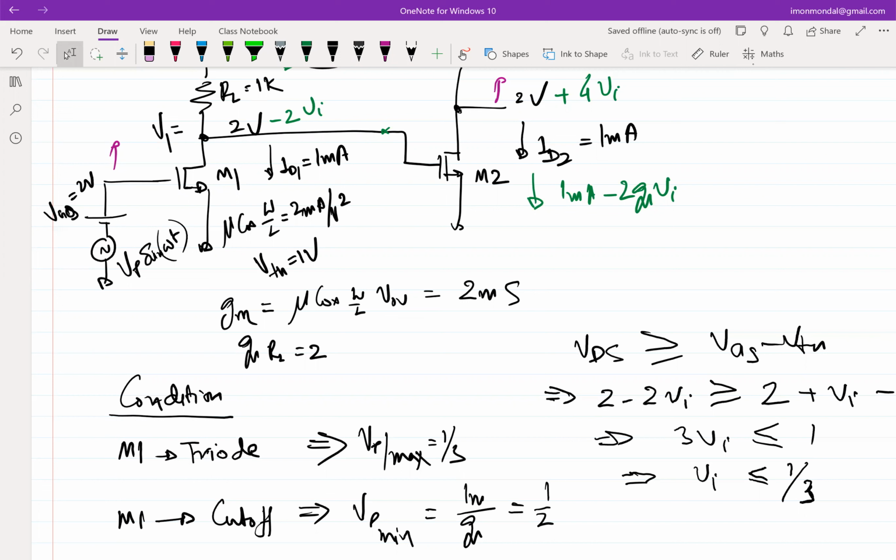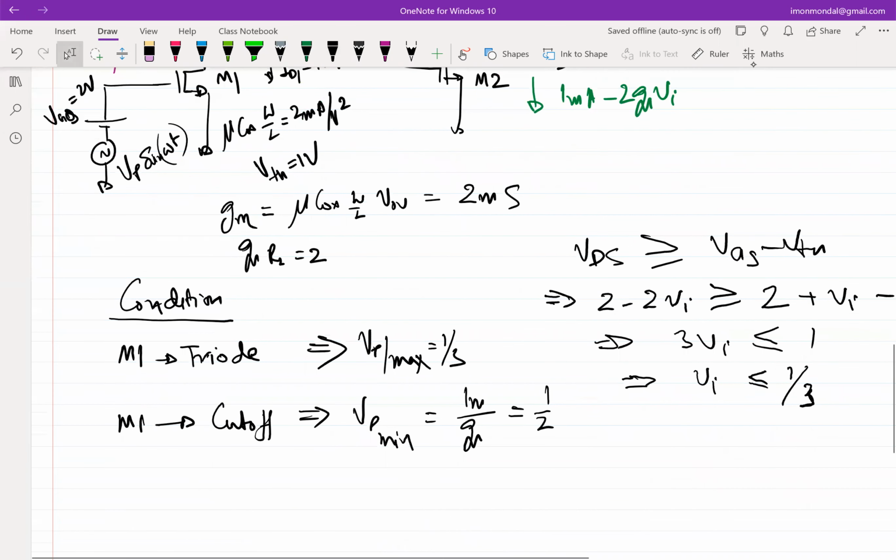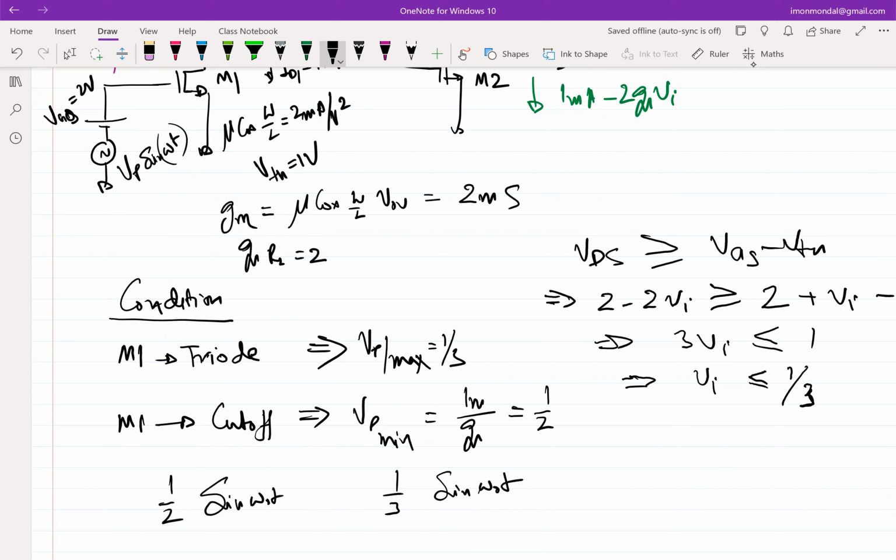So what I'm saying is the allowable sinusoid is 1 by 2 sine omega naught t or 1 by 3 sine omega naught t. Pardon? 1 by 3, right? Because obviously if you satisfy the triode case, you're automatically satisfying the cutoff case.